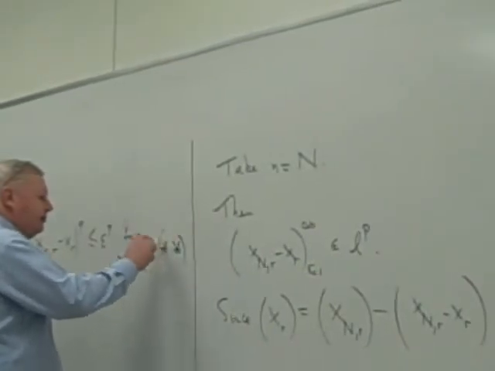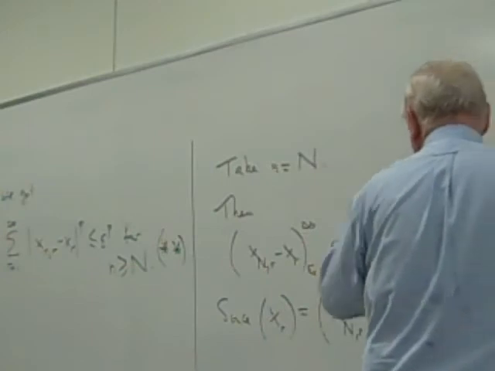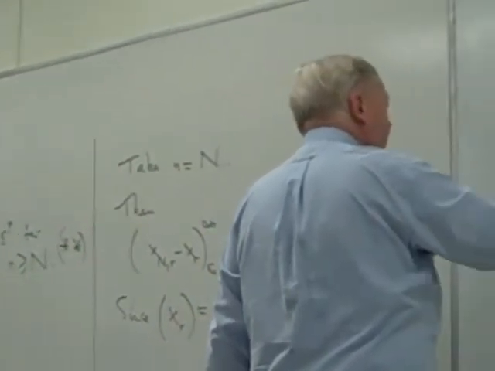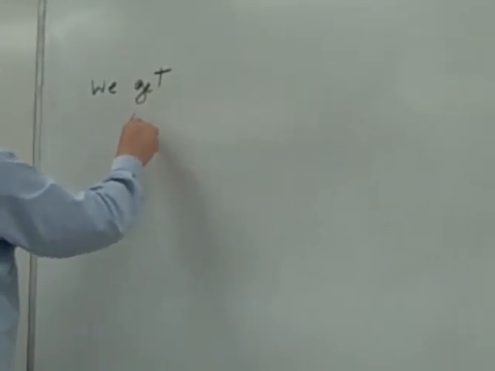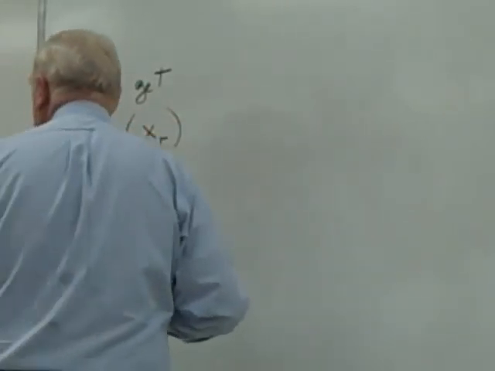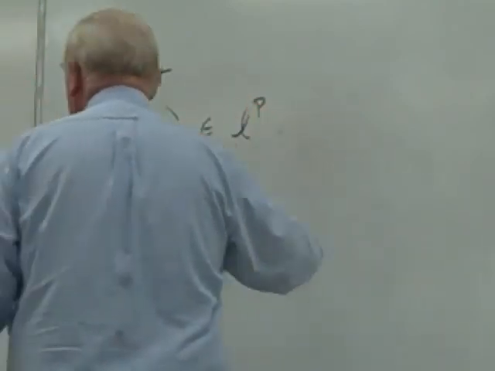And we'll also be using this equation again, so let me call this one double star. So since this is true, we get that the sequence capital X equals little xr is also in little lp.